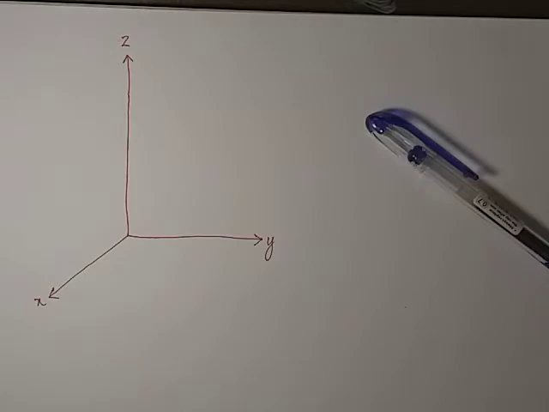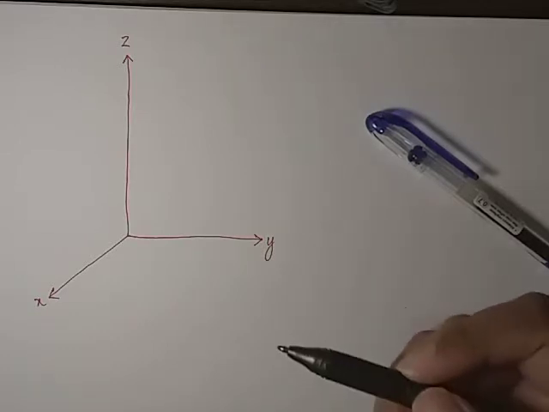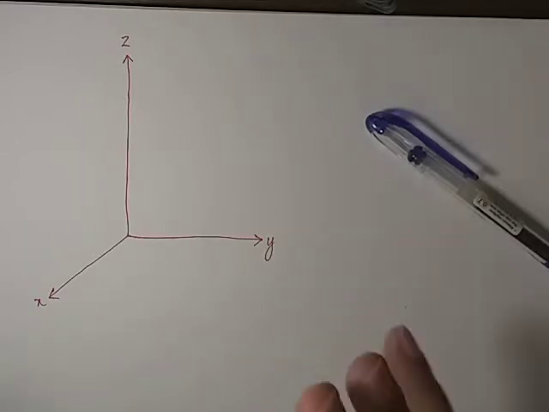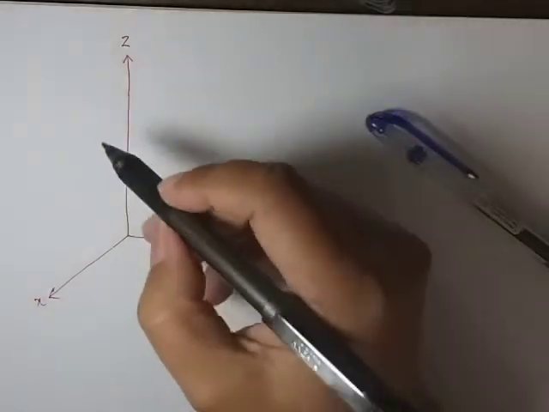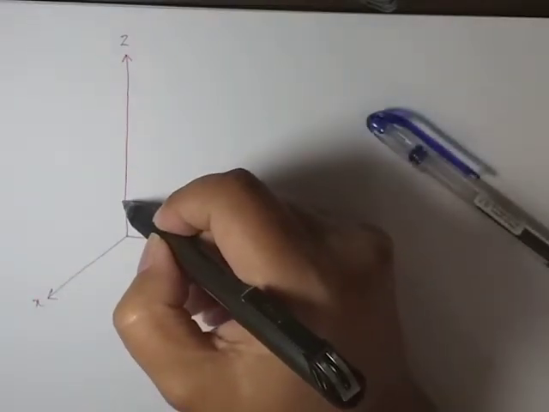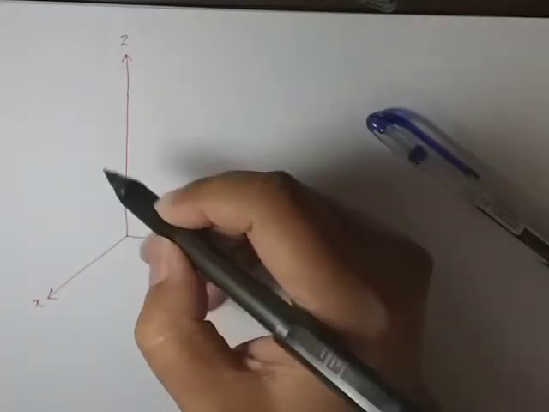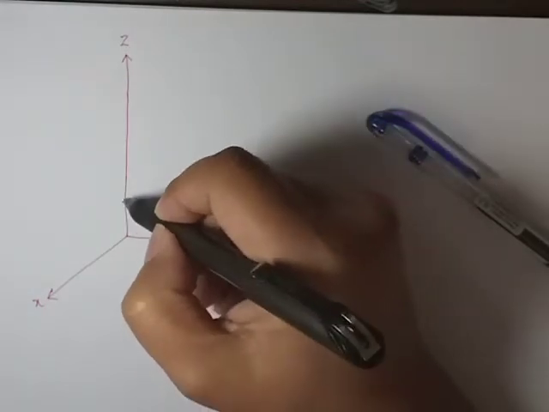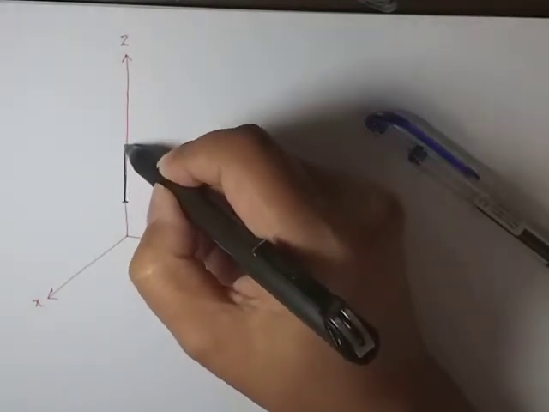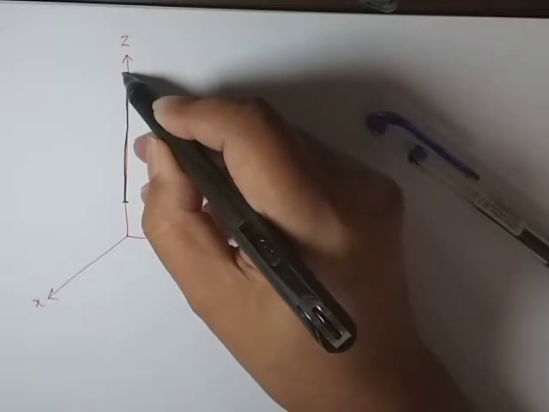Then, as we already decided, the line charge must be on the z-axis. What we know is the length is h and is finite. Just to make it a bit nicer to be seen, I decide that my line charge should be on the positive side of the z-axis. Let's say from here, I'm going to draw up to here.